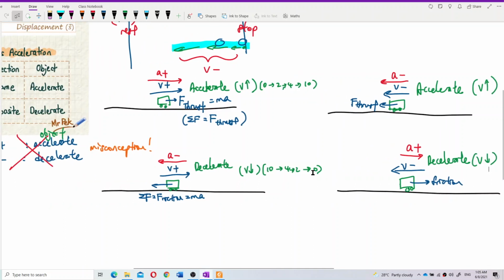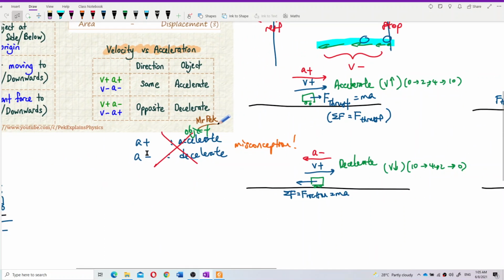So this is what we call: acceleration positive is accelerate, acceleration negative is decelerate. This is what we call simpleton. You understand what is meant by simpleton? Too simple, simple-minded.